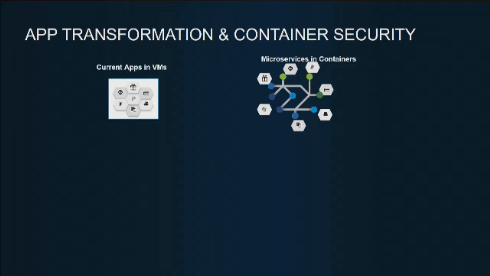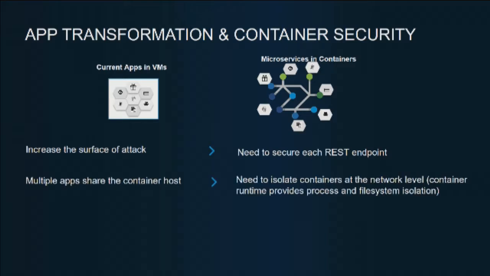Each of them is talking to each other over the network. So what used to be IPC communication on a traditional application server now is happening over the data center network. The implication of this is the surface of attack actually increases quite significantly. So we hear from a lot of customers that we like to have a solution that allows us to secure each of these REST endpoints as it's deployed.